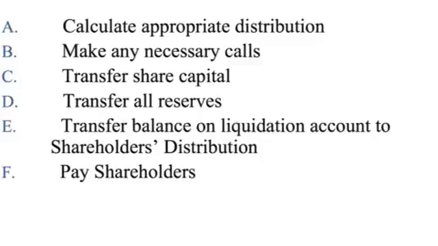If there are any unpaid calls, the liquidator will make the necessary calls on those unpaid shares. But when making that call on the contributory, there are two general principles that need to be followed by the liquidator.